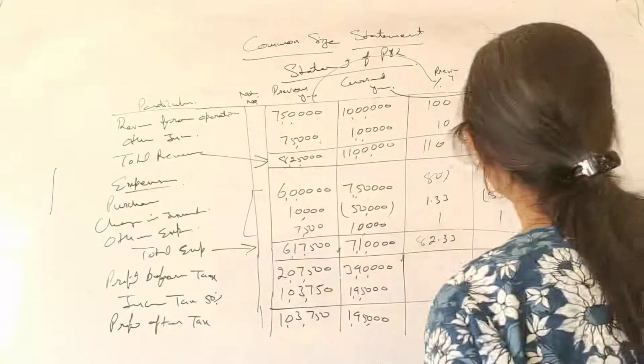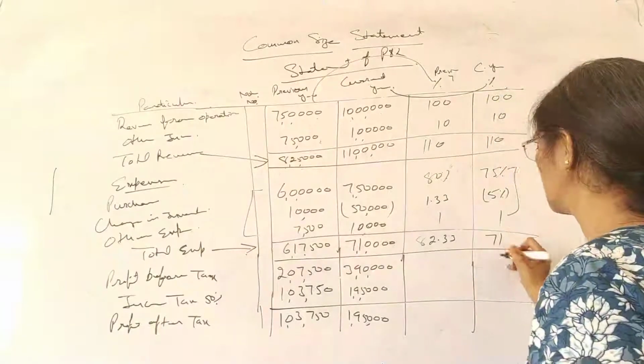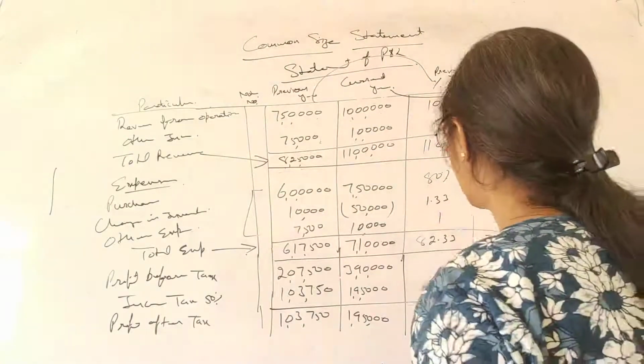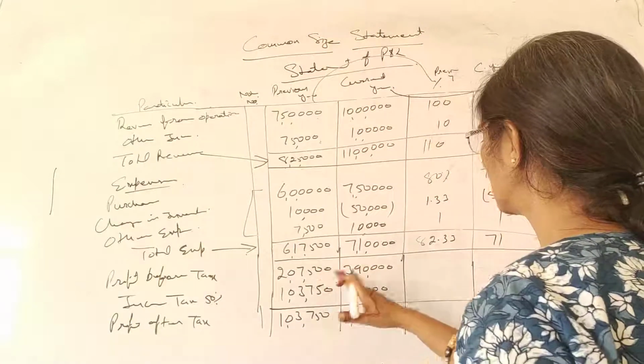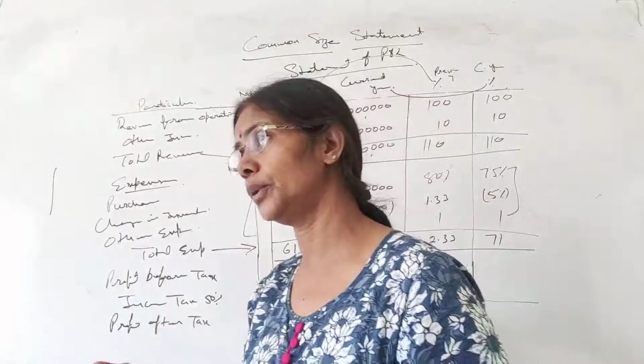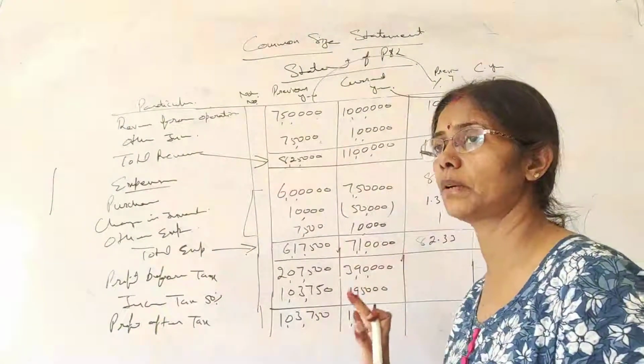And here it is 76 minus 5, so this is 71. Then we find out the percentage of this also. You will be calculating the percentage the way I have told you, and then you can plus and minus, so that the system will be the same accordingly.